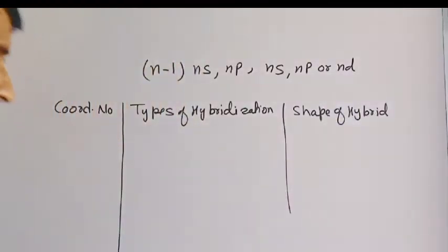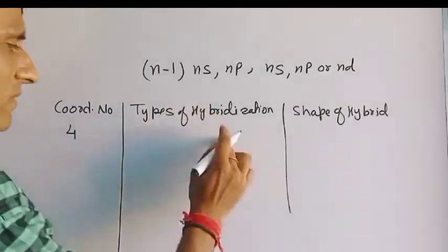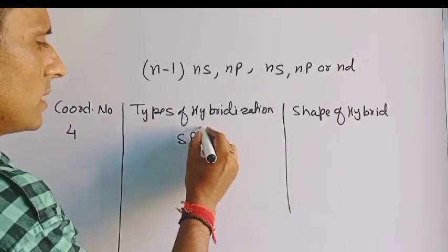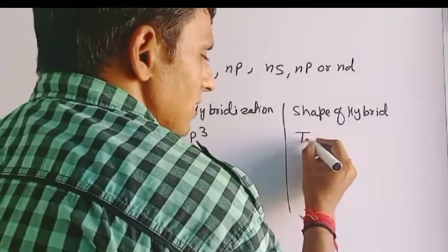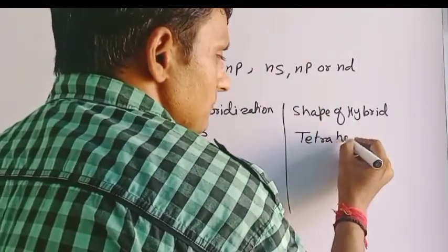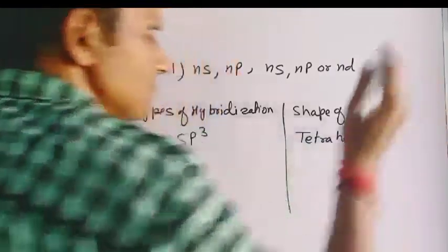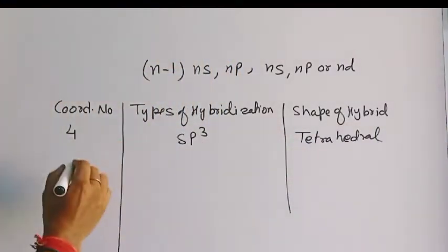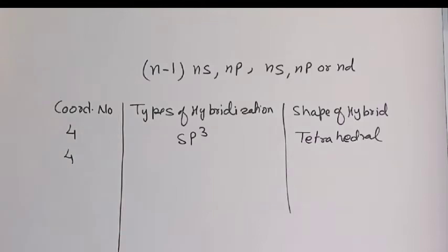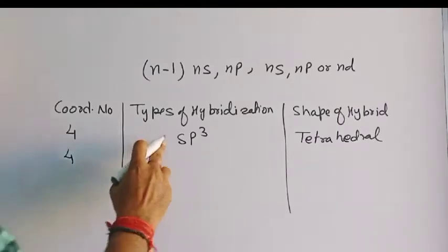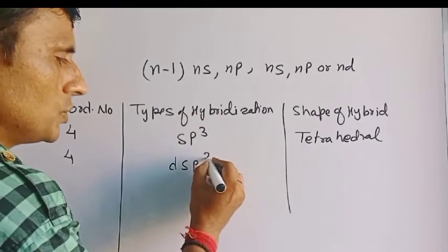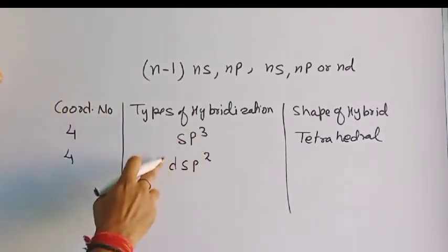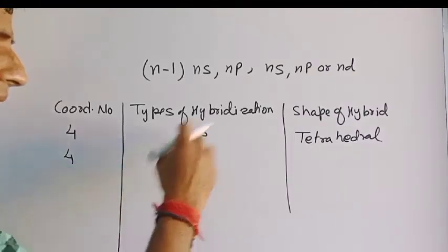As we know, the coordination number may be 4, then the type of hybridization is sp3, and the shape is tetrahedral. If again the coordination number is 4, maybe one d orbital can be used, so this is dsp2, because one orbital is used as a d in place of p.